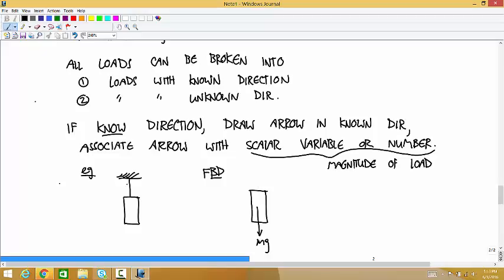And then you know that the cable applies a force away from the chosen body, parallel to the cable, so you know the direction. And so you only have to associate that force with the scalar variable. In this case, I'm calling it T. Okay, that says that there's only one variable you still have to solve for, and that's how big the force is.